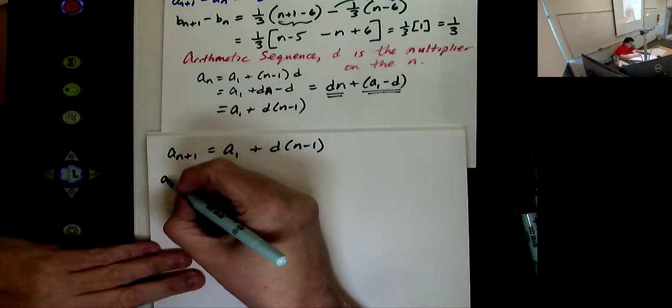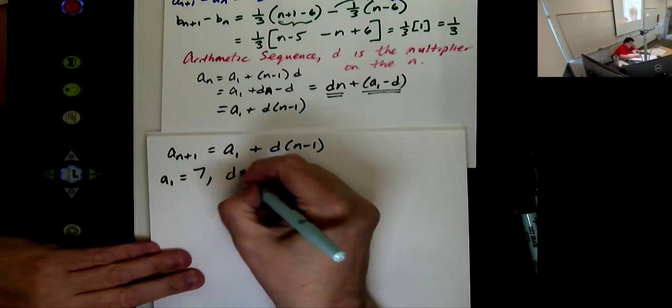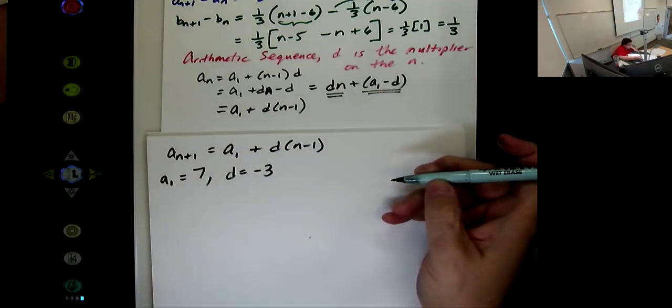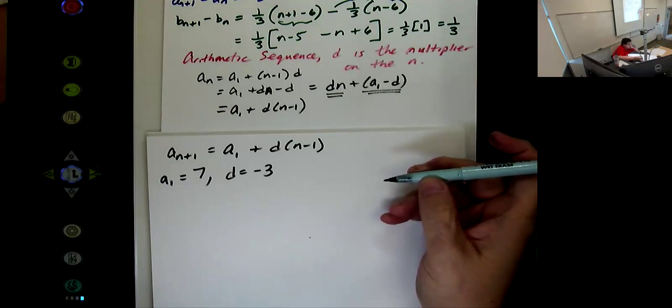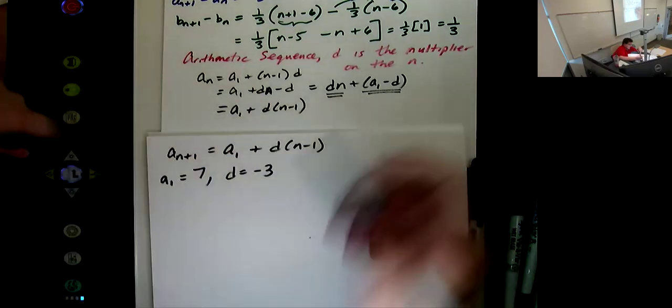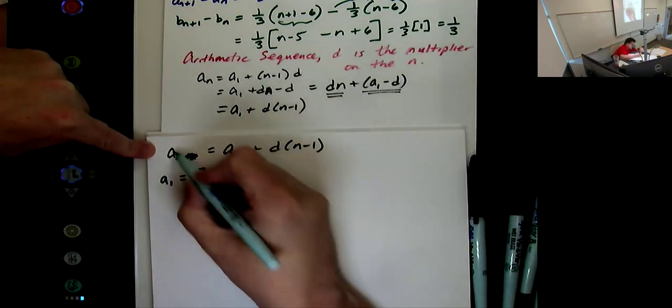We're gonna say a1 equals 7, d equals -3. Just take that and plug it in. Wait, that shouldn't say +1. That should just say a sub n.